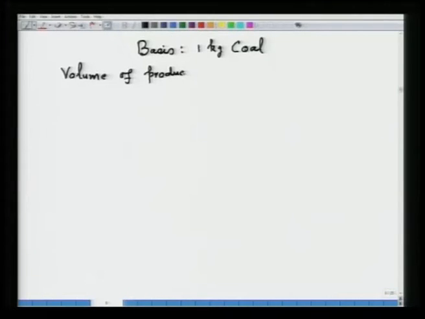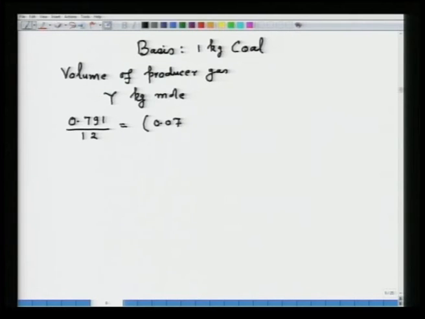So, volume of producer gas we have to find, and as I illustrated in the beginning, if we take Y kg mole as the volume of producer gas, and if we do the carbon balance, I am simply straight away writing it: 0.791 upon 12 equals 0.07 plus 0.21 plus 0.025 into Y plus 0.09 minus 0.061, that is the carbon in ashes, and this is carbon in producer gas.